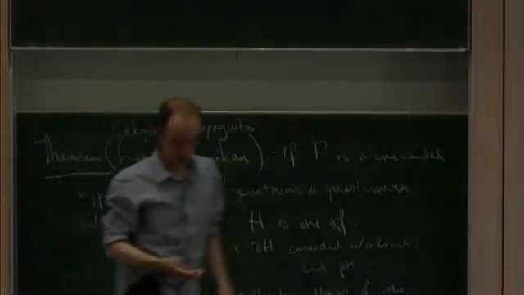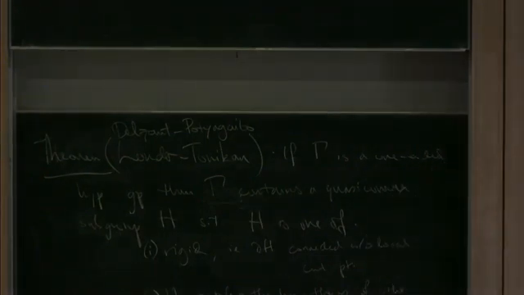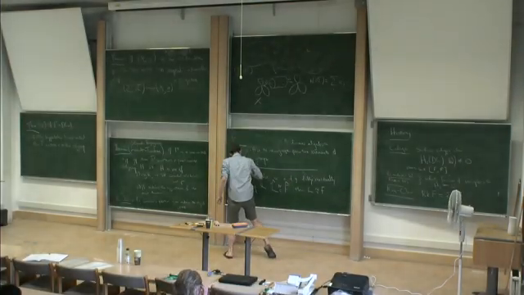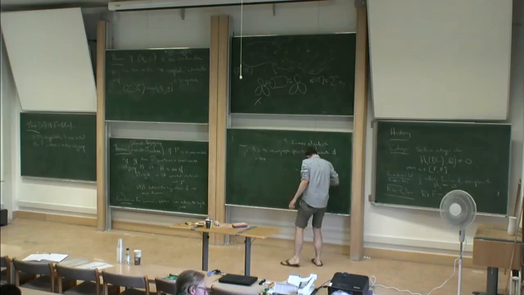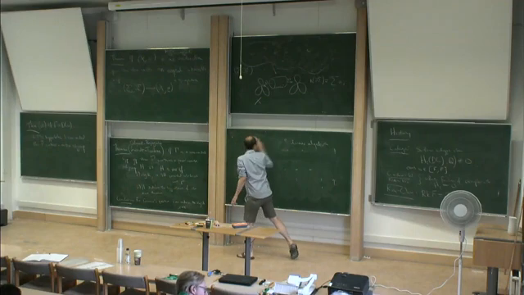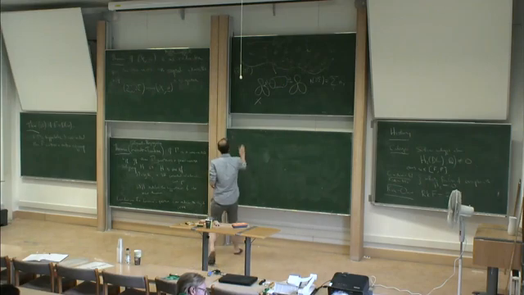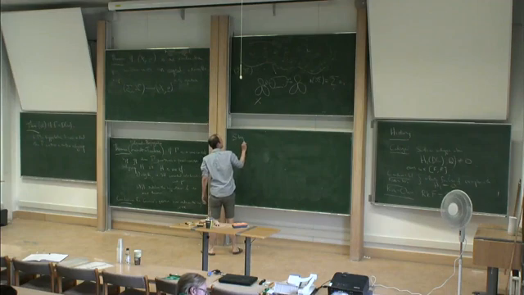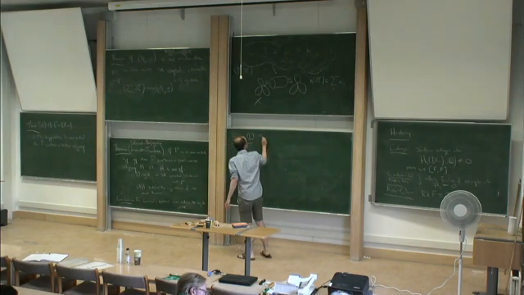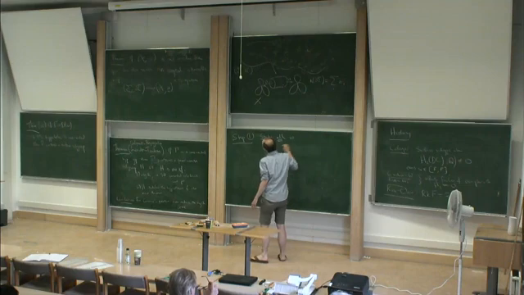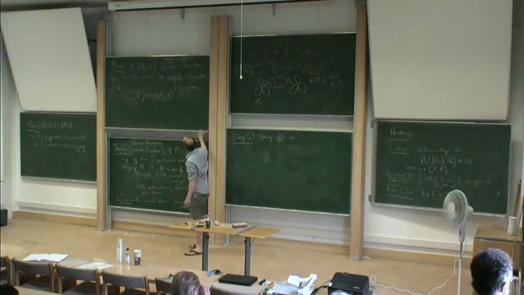Okay, so what's the strategy? Well, I'll give us some steps. Step 1: we're looking for one of these essential admissible surfaces.